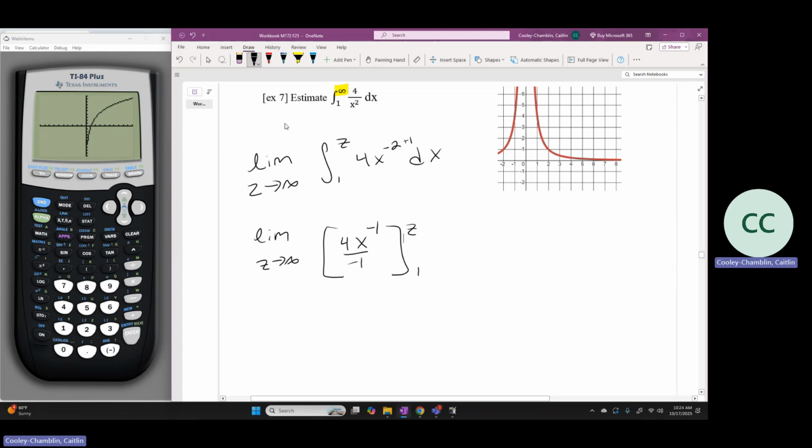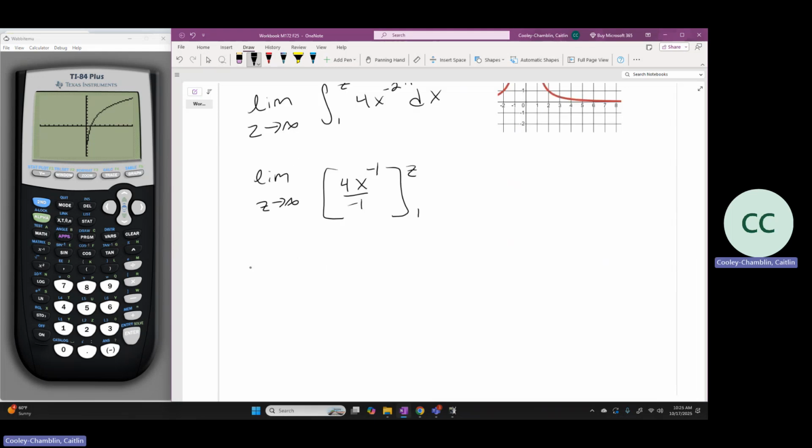Okay, I'm going to rewrite this one more time. And I get the limit as z goes to infinity of negative 4 over x from 1 to z. Okay, I'm going to plug in z. I'm going to plug in 1. I'm going to take its limit.